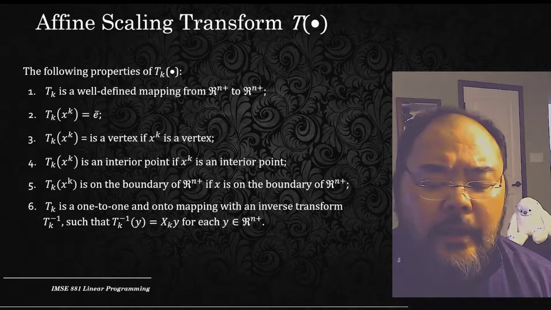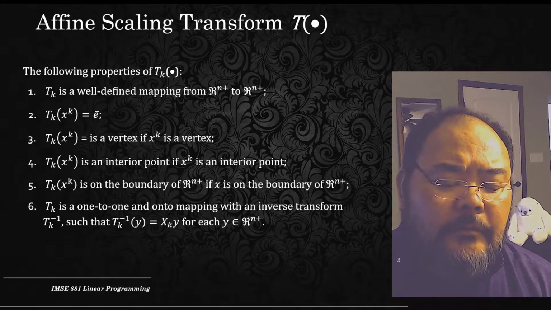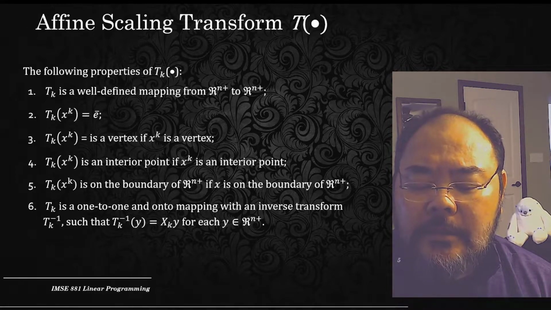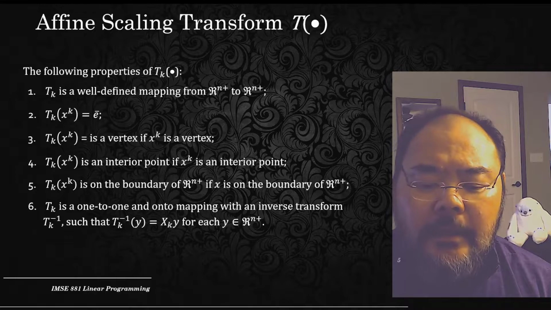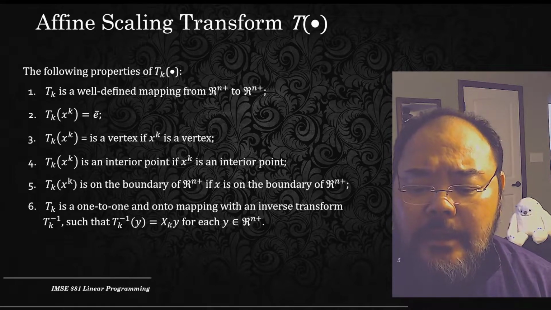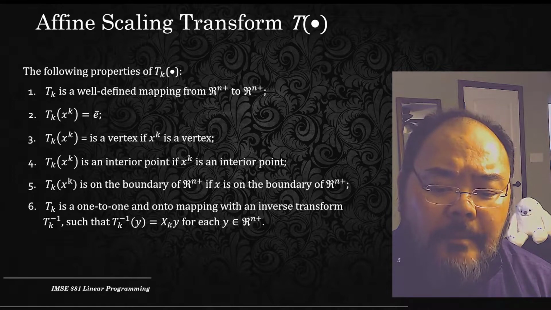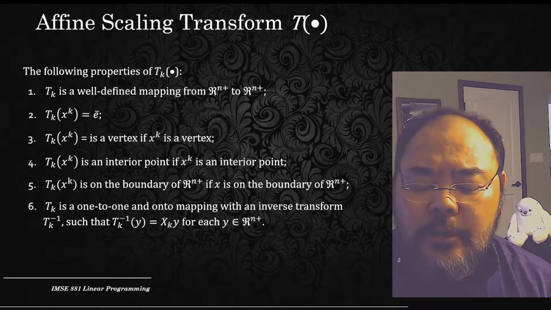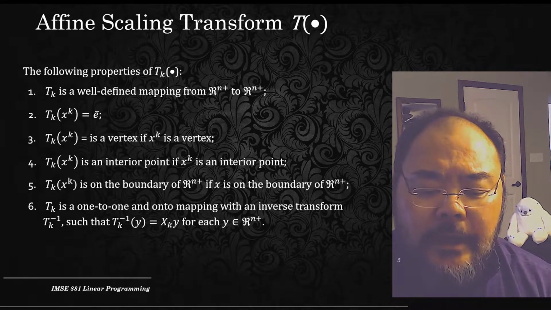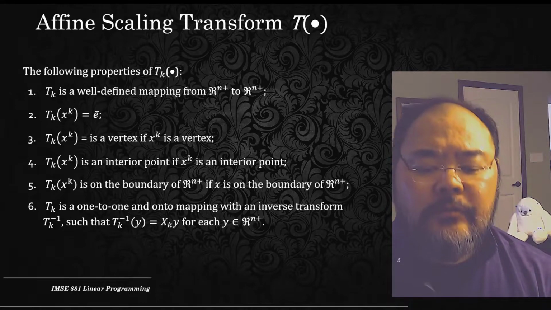Number 5, if x is on the boundary of Rn plus, then after transformation Tk of xk is also a boundary point. Number 6, Tk is a 1-to-1 and onto mapping, with the inverse transform Tk inverse very simply calculated. You just take xk times y, and it will revert back to xk.